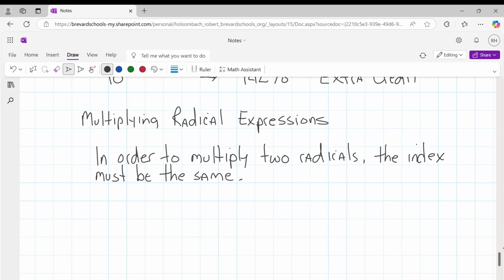In order to multiply two radicals, the index must be the same.